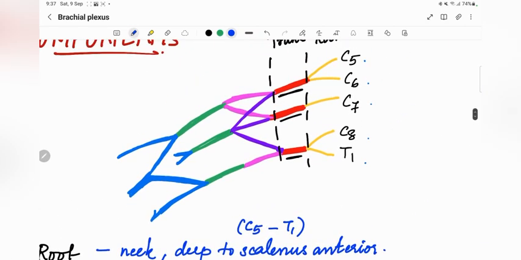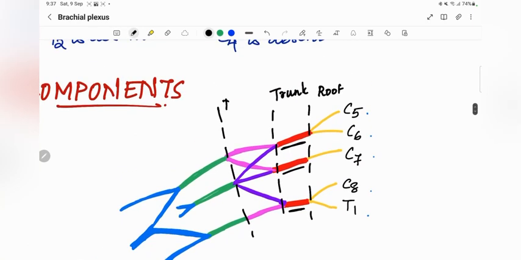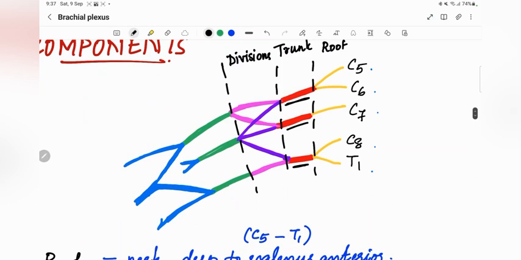Now as you can see in the diagram here, each trunk divides into two and we have divisions. Here we have the anterior division of the upper trunk and the posterior division of the upper trunk. Similarly, we have the anterior division of the middle trunk and the posterior division of the middle trunk. And then we have the anterior division of the lower trunk and the posterior division of the lower trunk.